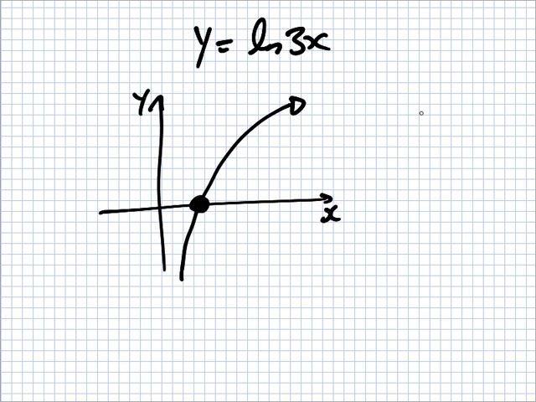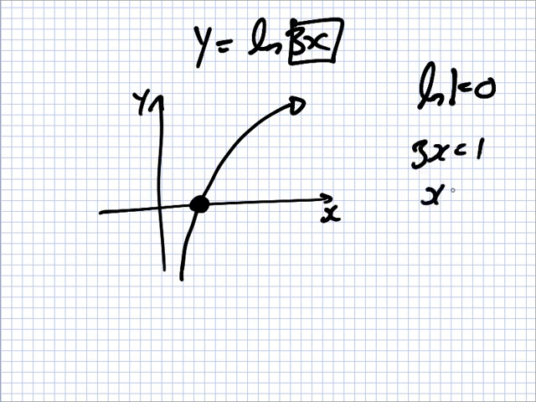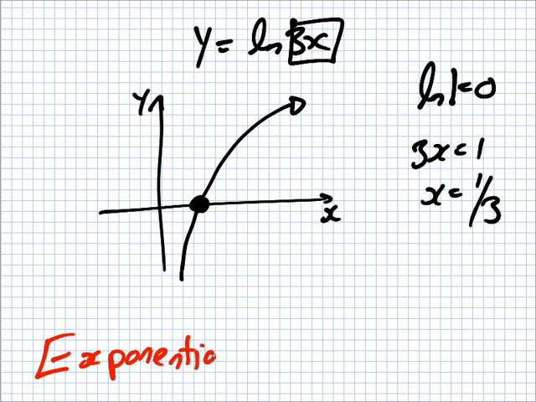Well, we know that log of 1 is 0, so this point here must be where this is 1. So when is 3x equal to 1? When x is a third. So that point there is a third.